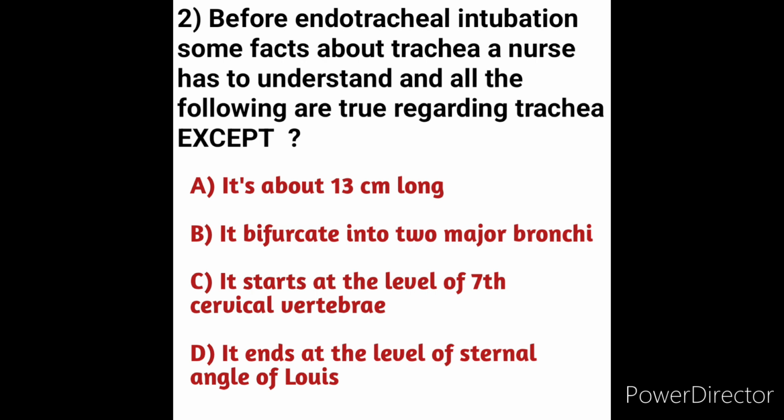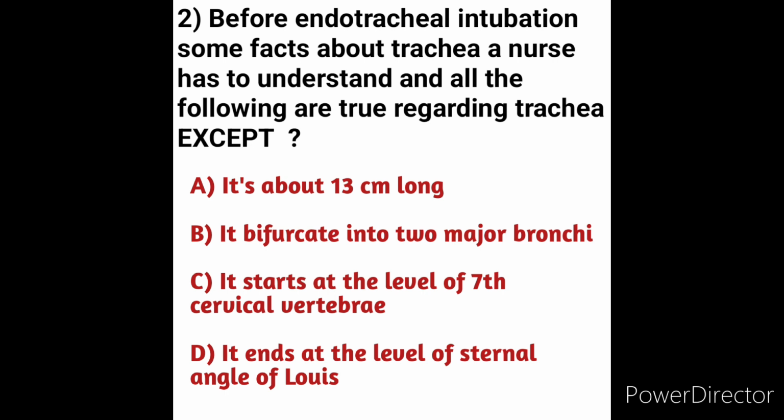The trachea is a windpipe that stretches to the top of the chest from the lower edge of the larynx. It has a cartilage structure that holds it open. The average tracheal length is 10 to 12 centimeters. So here option A is wrong.